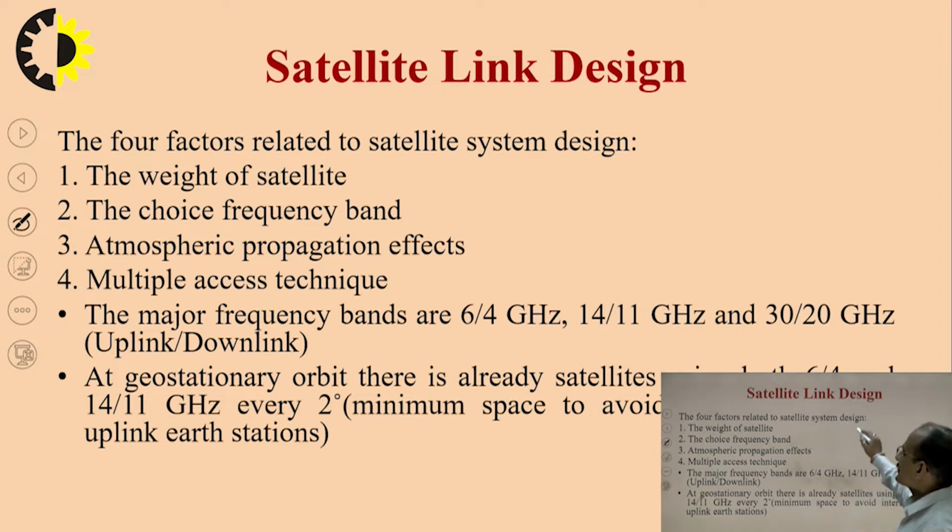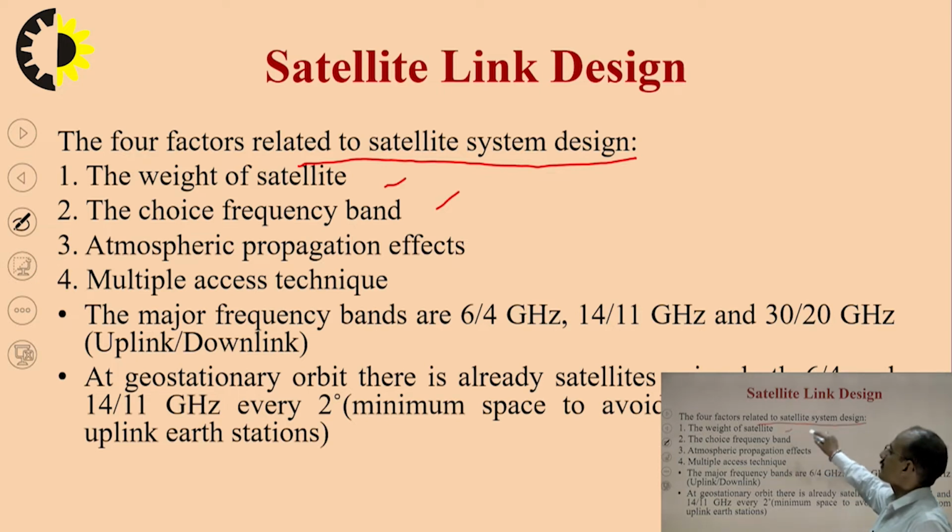Now for the satellite link design, four factors are related to the satellite system design: weight of the satellite, choice of the frequency band, atmospheric propagation effects, and multiple access techniques. Other than that, there are the major frequency bands for uplink and downlink. A single conversion transponder means 6 GHz uplink with 4 GHz downlink.